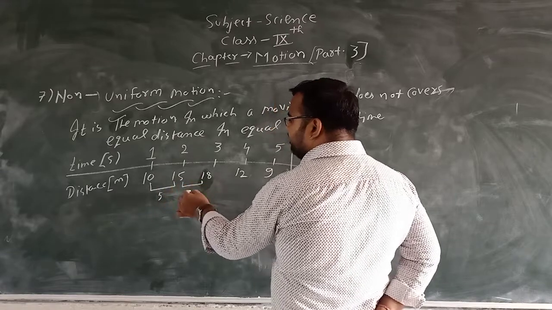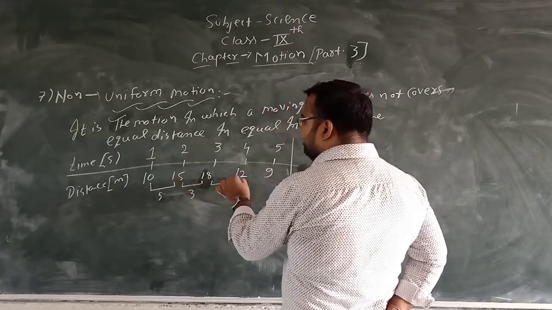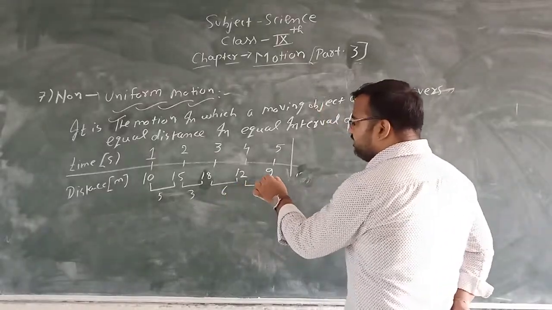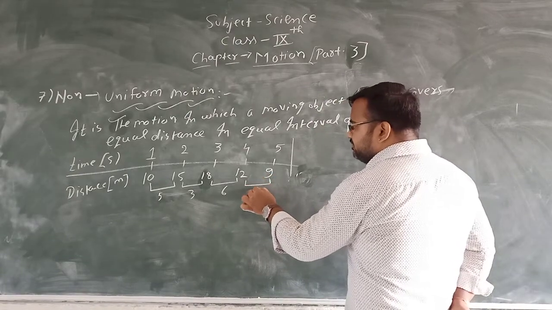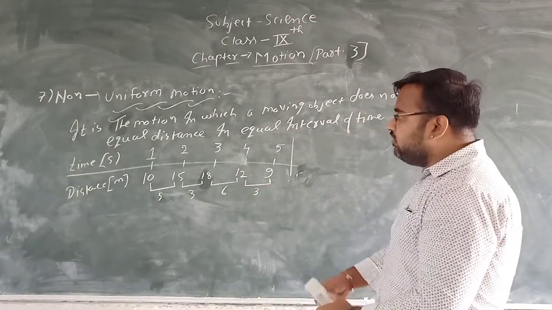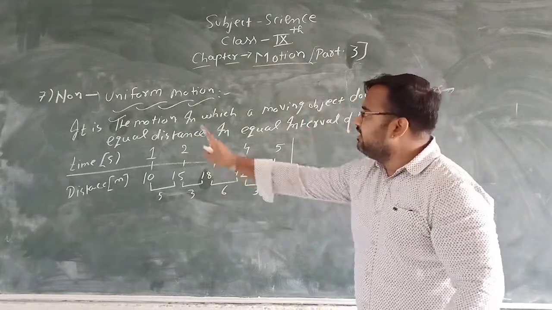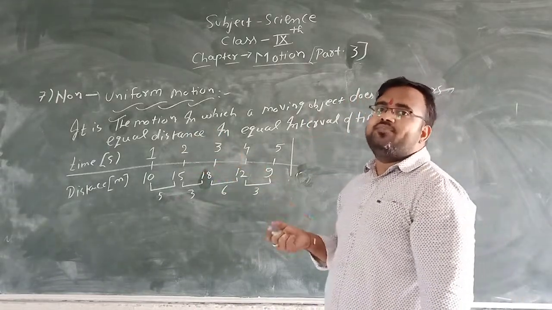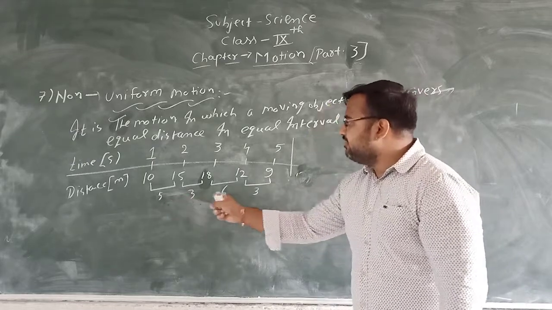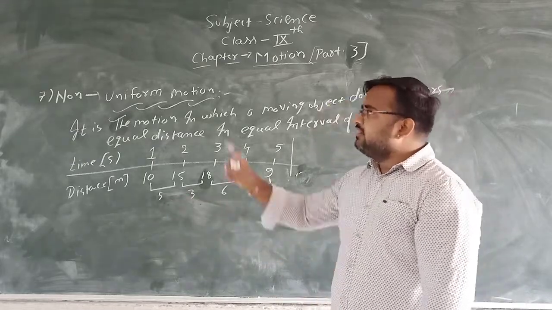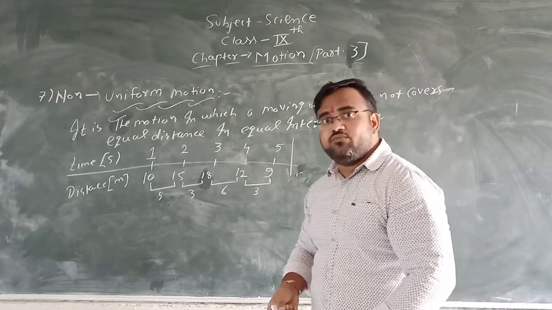Here the difference is 3. Here the difference is 6, and here the difference is 3. Okay, so you can see object covers unequal distance in equal interval of time. When object covers unequal distance in equal interval of time, then that motion is known as non-uniform motion.